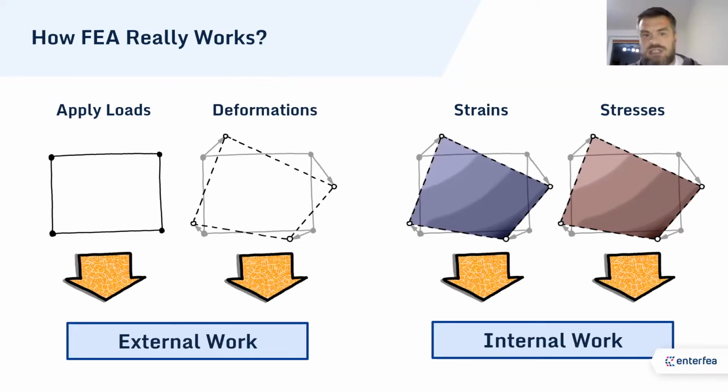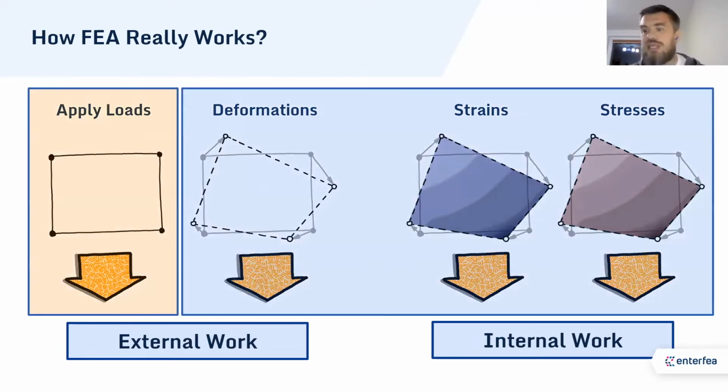So effectively, you could use something called the work principle. You can calculate the external work, the work of applied loads on the deformation of the model, and the internal work, the work of stresses on strains. And those two, thanks to the work principle, should be equal.